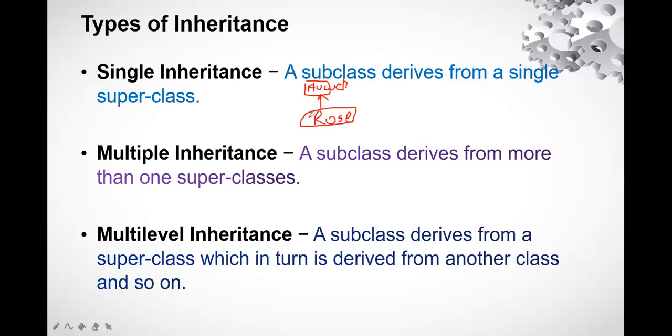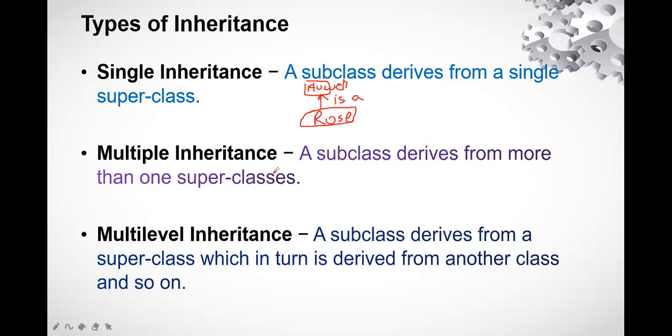What does it mean? Rose is a flower. So this is the inheritance. And when I say single inheritance, this is the single inheritance where only a single superclass is present. Now we have multiple inheritance.